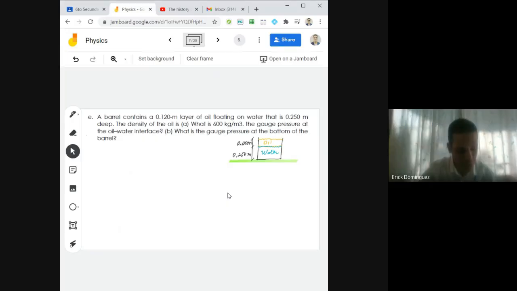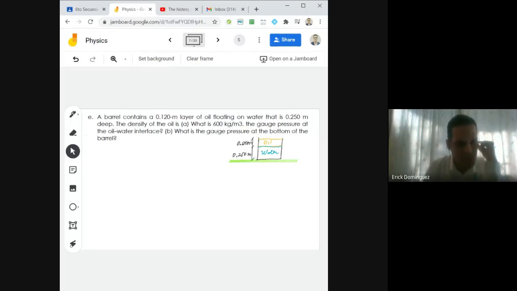No? We're going to see it next class. But think about how we could solve this problem. We need to know the gauge pressure at the interface, which is right here, and I want to know the gauge pressure in here.